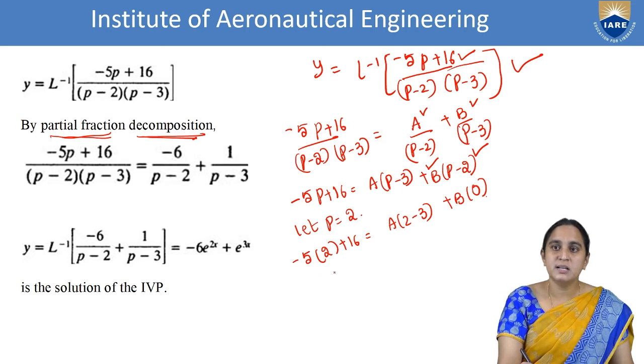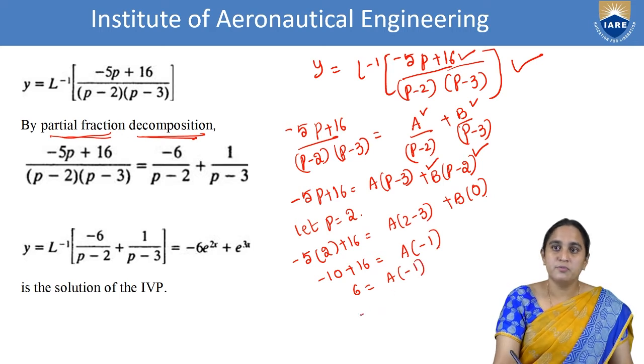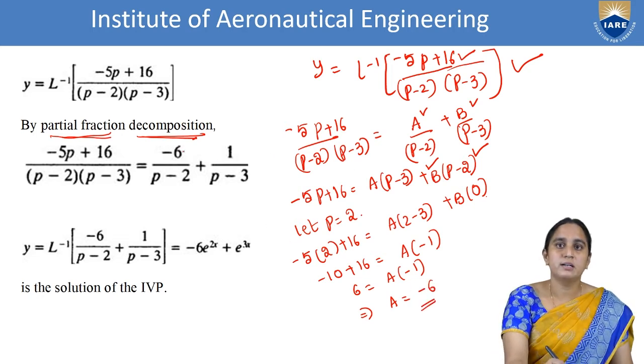That is -10 plus 16 equal to A of -1, that is 6 is equal to A of -1. Therefore, A is equal to -6.